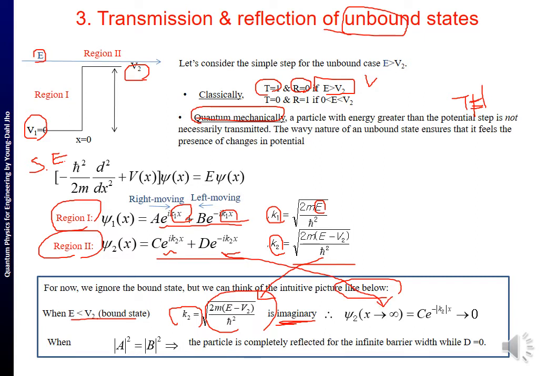There will be C and D, but D is multiplied by e to the absolute value of k2 times x, and this will diverge as x goes to infinity. This will diverge, so D is set to be 0. So we only have this part.